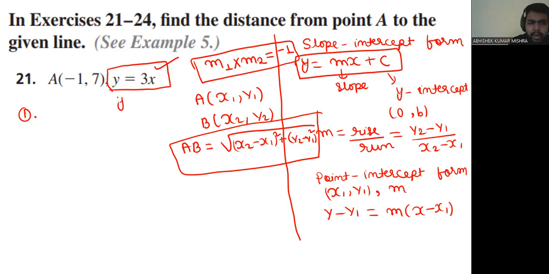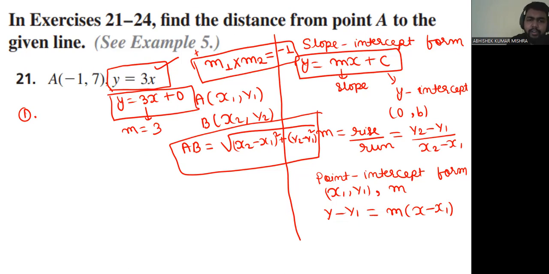So here y is equal to 3x plus 0. Now my equation is in y is equal to mx plus c form. Here my slope m is equal to 3. So what would be the slope of such a line which would be perpendicular to my line?